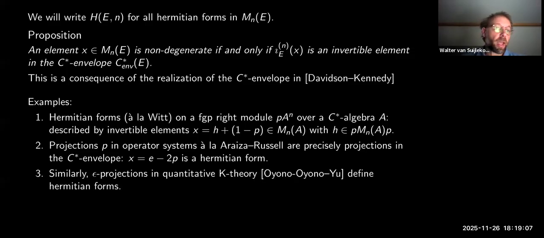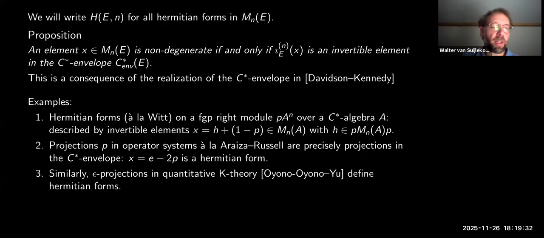Third is if you take epsilon projections in the sense of Oyono-Oyono and Yu, so that's in quantitative or controlled K-theory. So these are projections that were introduced in the context of filtered C-star algebras, where they're not really projections, but they're almost projections. So P squared minus P in norm is smaller than an epsilon. And their epsilon is typically smaller than 1/4 in their papers.